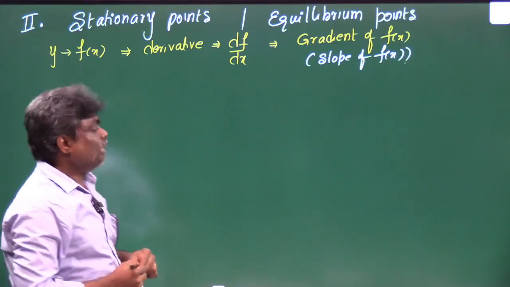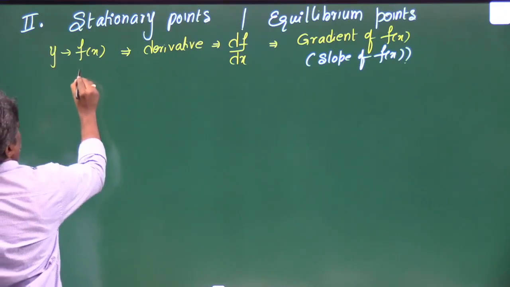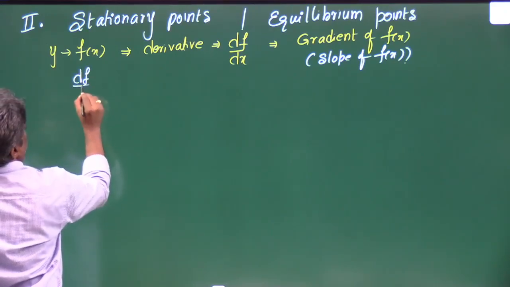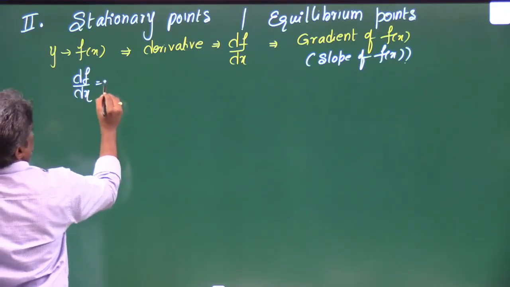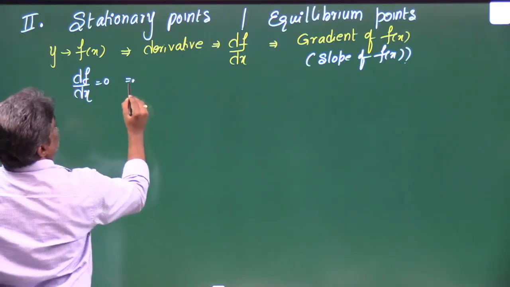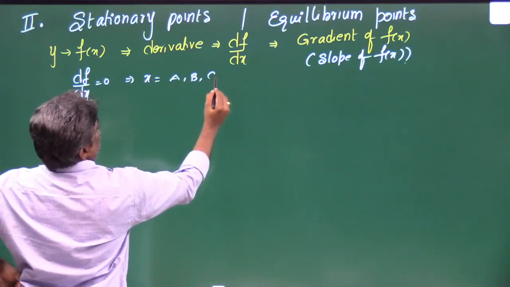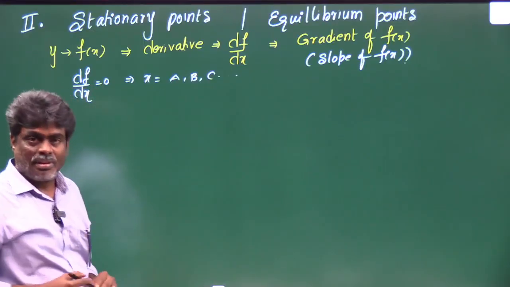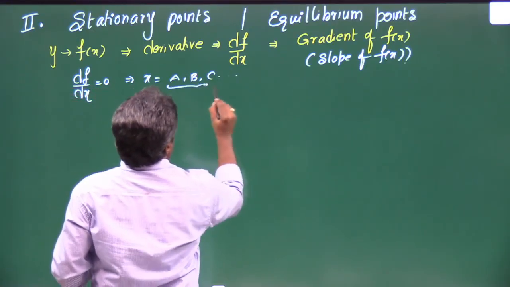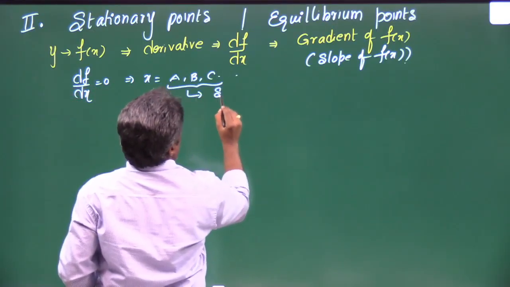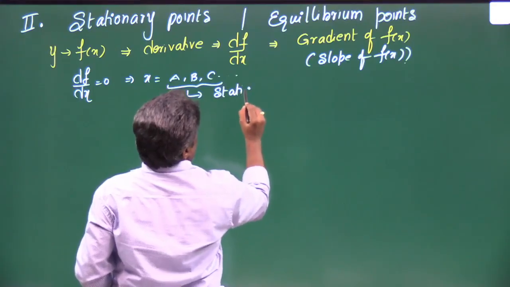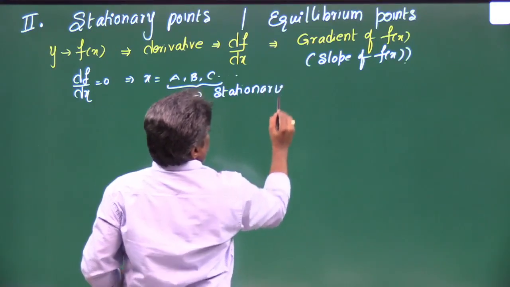Now for example I am taking df by dx equal to 0. Then I get some x values, x equal to, let us say, a, b, c, and so on. And these points are called stationary points.